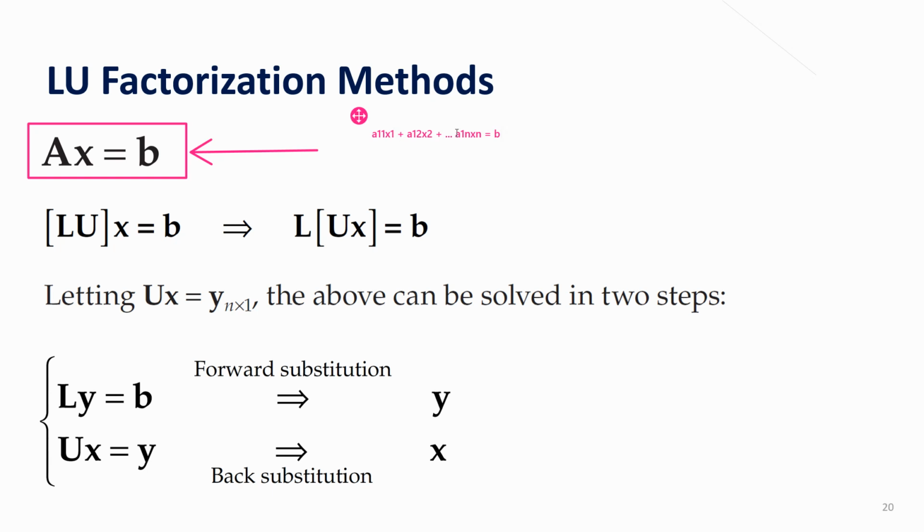And then we have several like this: a21 x1 plus a22 x2 plus something, a2n xn equals b2, until we have an1 x1 plus an2 x2 plus something, ann xn equals bn.